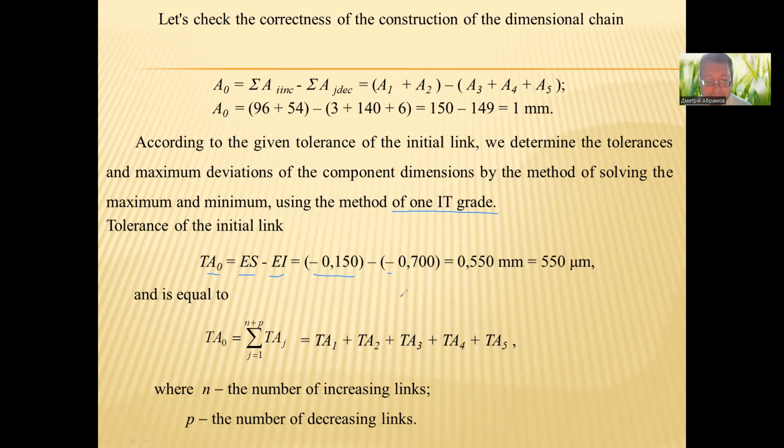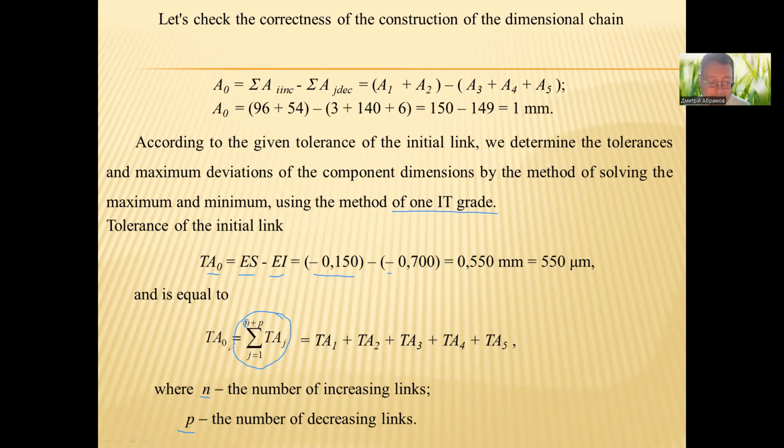And it's equal to the sum of the tolerance fields of all links of the dimensional chain, except the initial link. You can see N plus P: N is the number of increasing links, and P is the number of decreasing links.